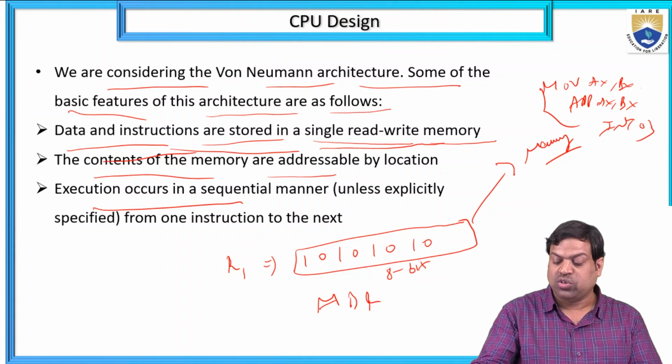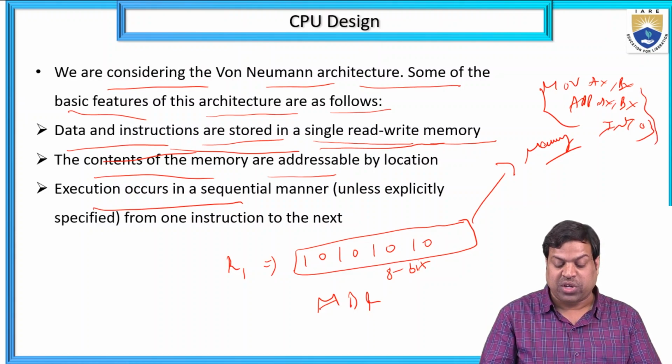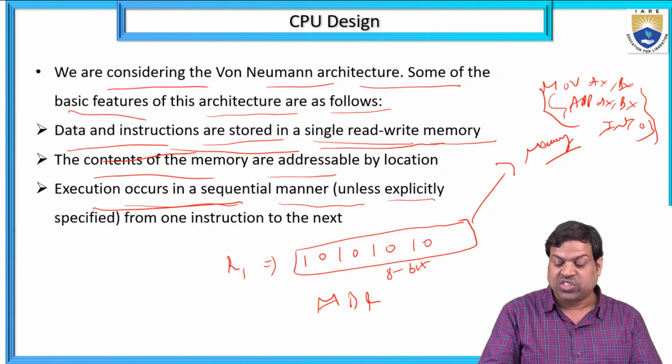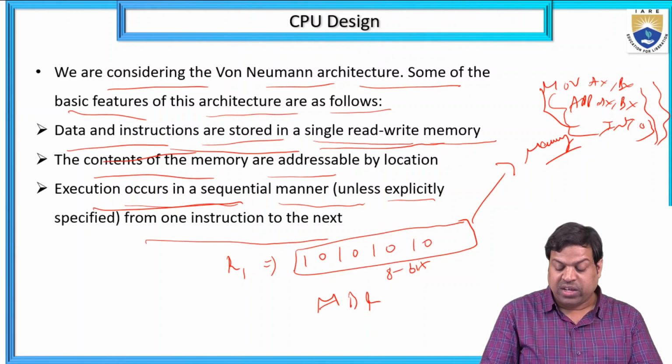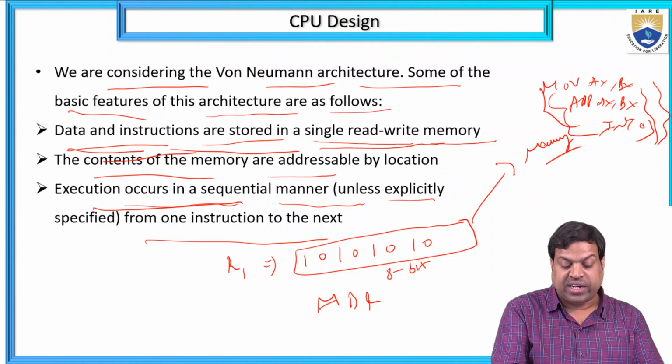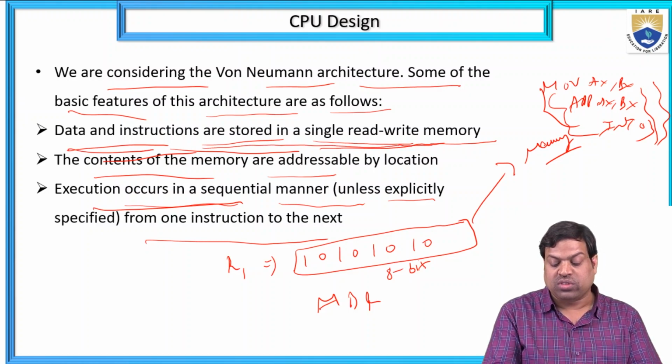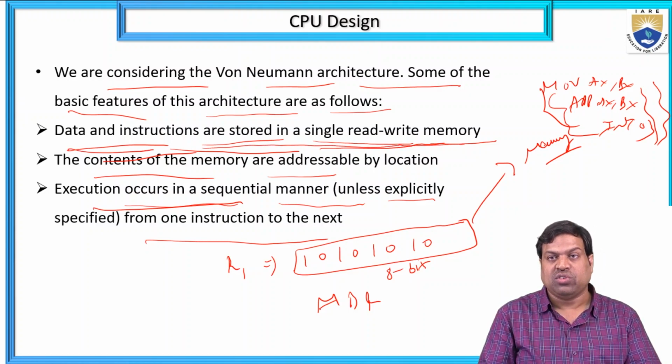So I am executing these instructions or micro operations in a sequential manner, one by one, from one instruction to the next. For any instruction, suppose I am taking an 8-bit instruction, I need data and instruction to be stored in read or write memory. Whether I am going for a register for a read operation or write operation, I need data and instruction to be stored.